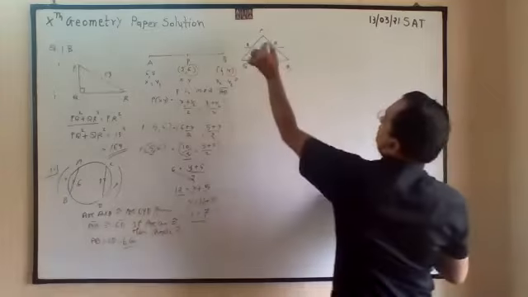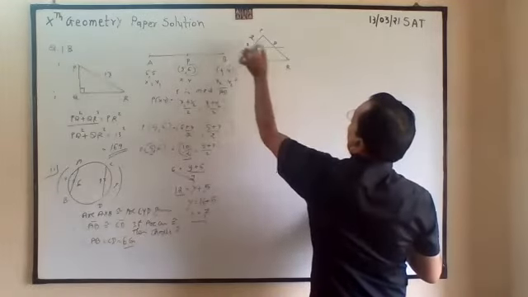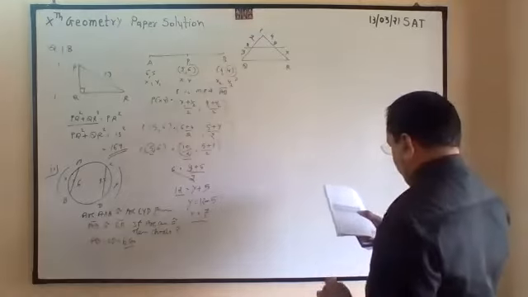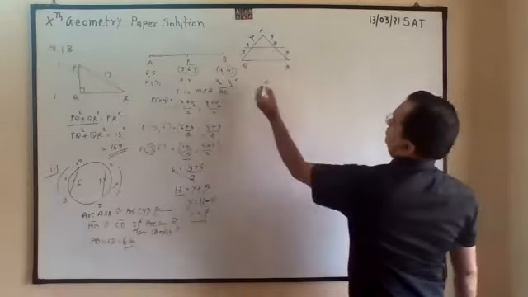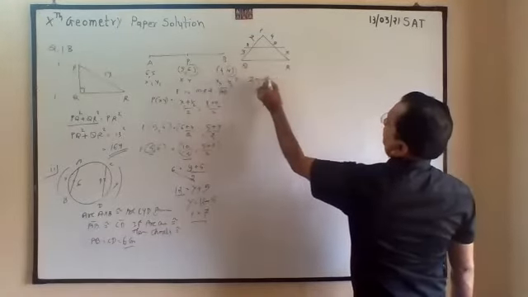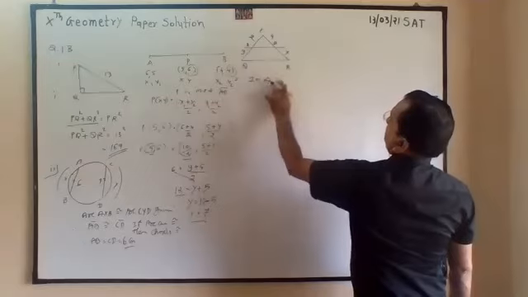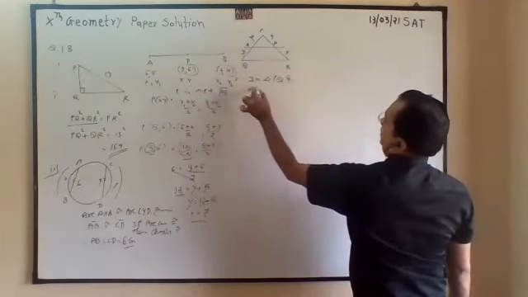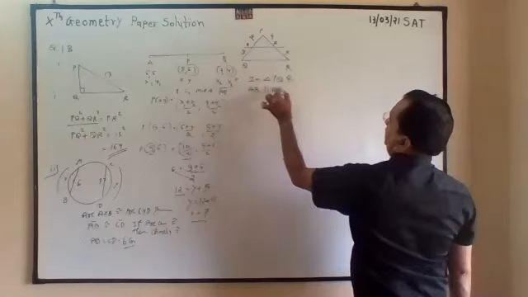Two, three, four. Two, three. X we have to find out. In triangle PQR, AB is parallel to RQ, given.